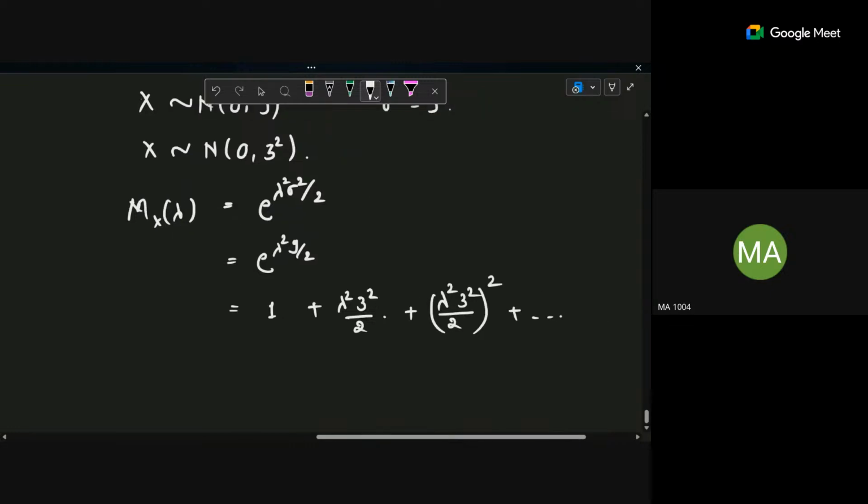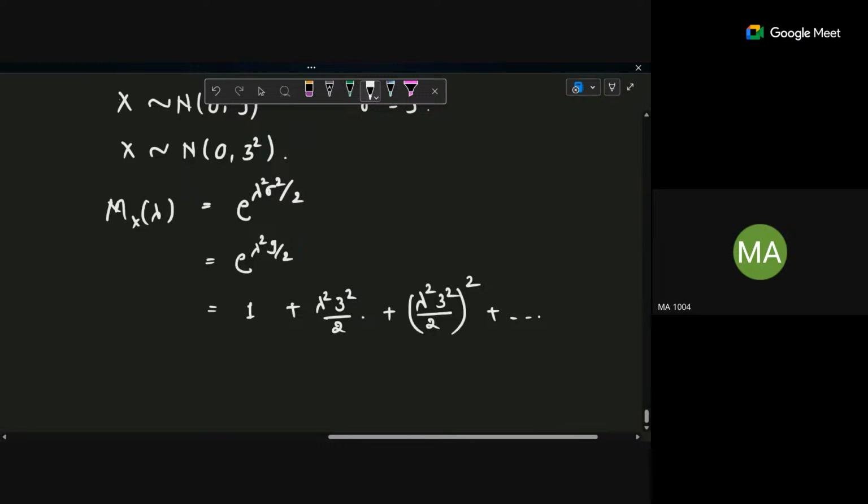So what will be our fourth moment there? The power of lambda denotes which number moment it is. So this is the 0th moment.